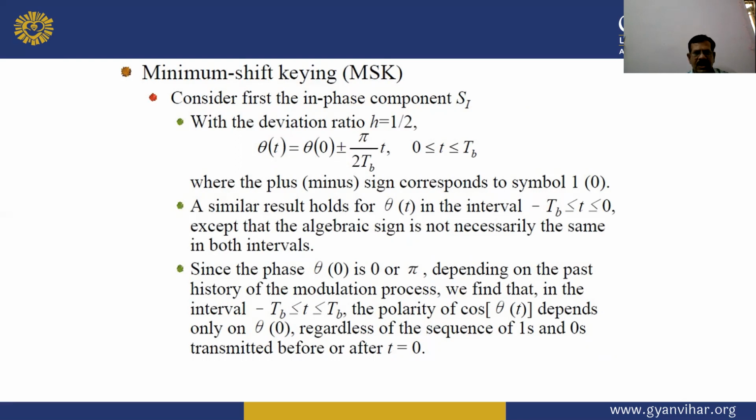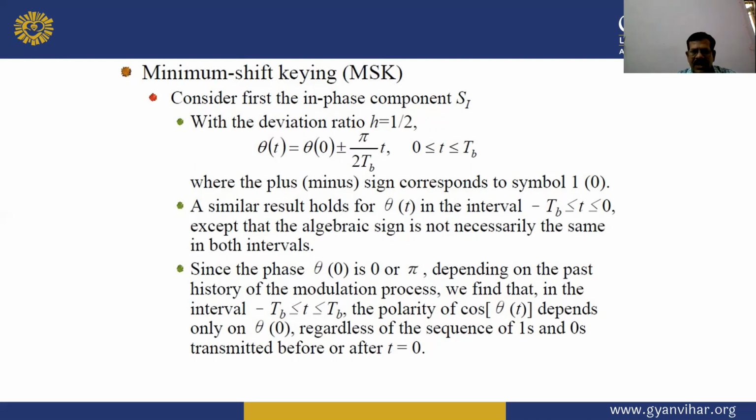A similar result holds for θ(t) in the interval between minus Tb and 0, except that the algebraic sign is not necessarily the same in both intervals. Since the phase θ(0) is 0 or π depending on the past history of the modulation process.